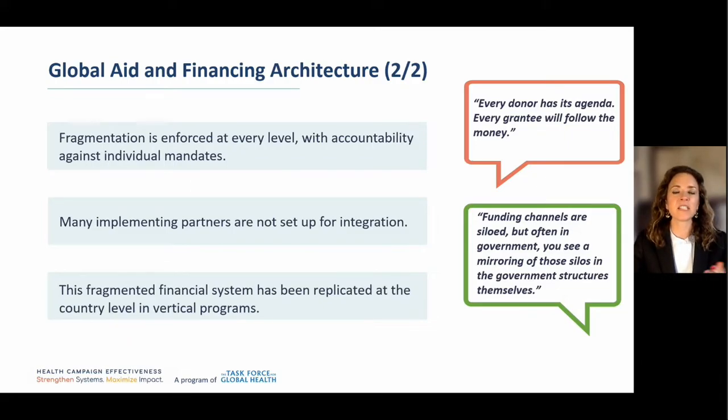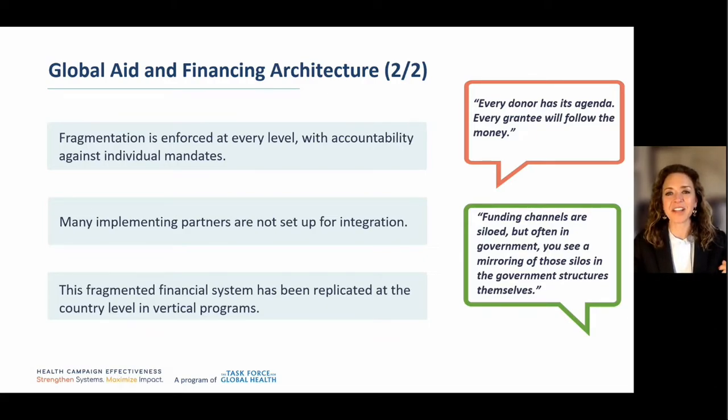You have disease-specific departments at WHO and UNICEF, for example, and you have a number of organizations with disease-specific missions, such as all the sight NGOs whose funding is dependent on eye care. And the disease-specific funding arrangements have created a fragmented financial system, which has been replicated at the country level in these vertical programs. Let's look at these quotes on the right.